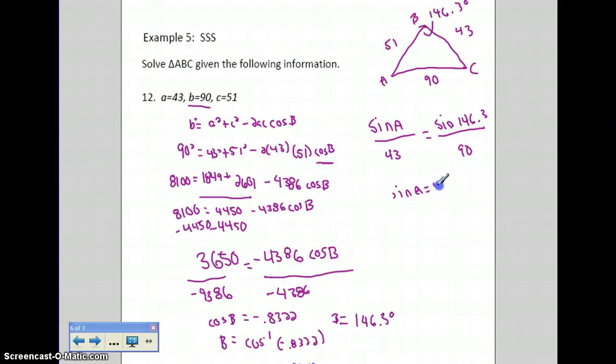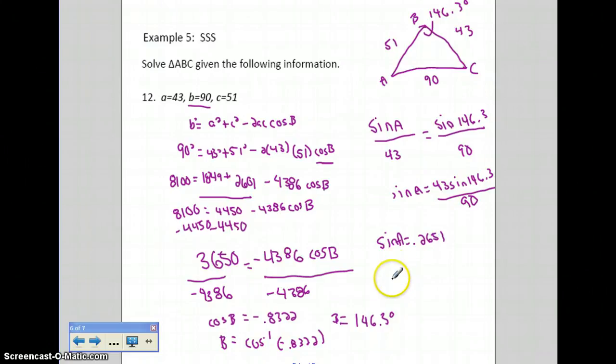So what I end up getting is sine A equals 43 sine 146.3 over 90, which turns out to be the same thing as sine of A. All I did was just cross multiply and divide, okay? That decimal value will turn out to be 0.2651.